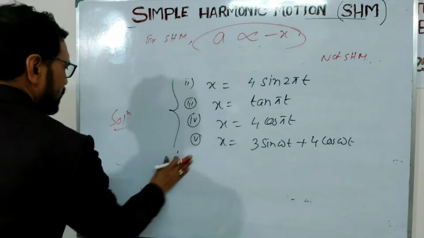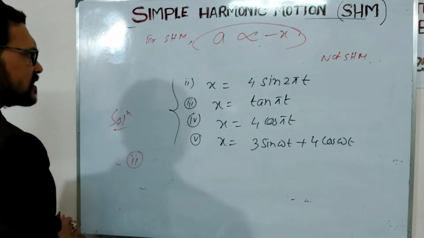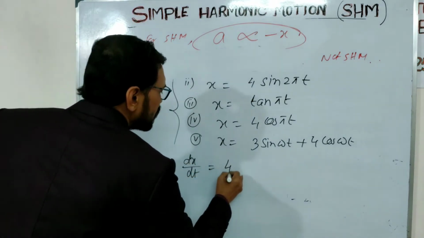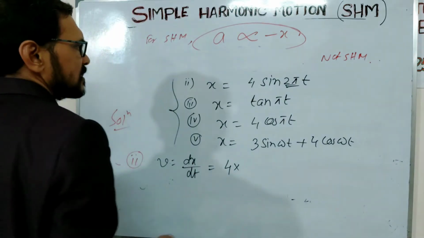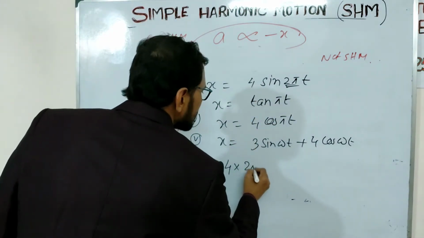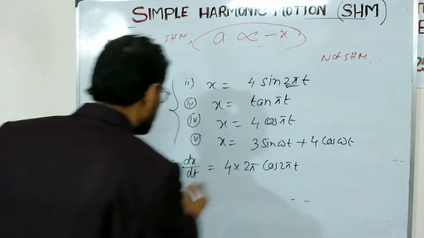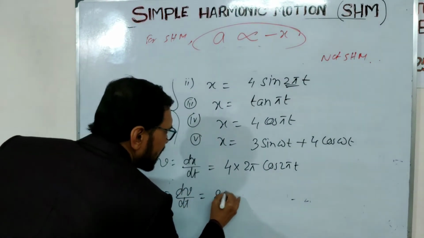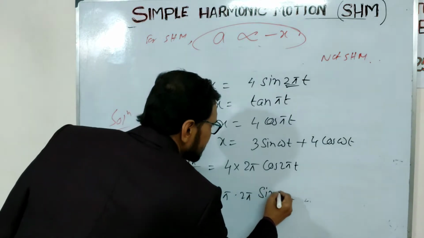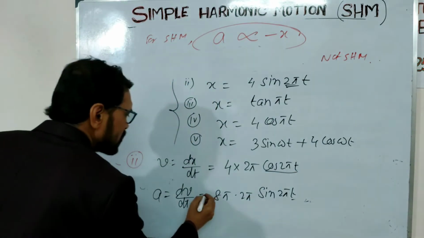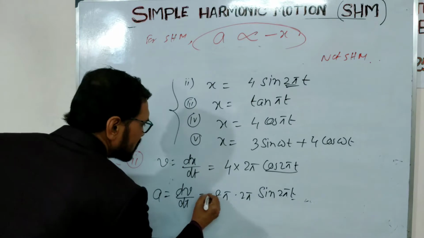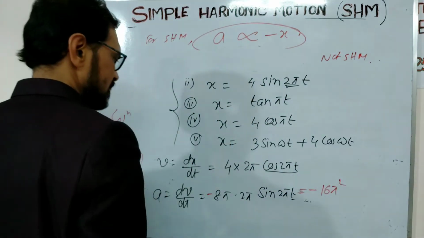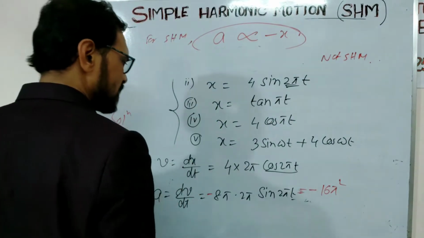Next, number 2. For number 2, x equals this, so velocity equals dx by dt, which is 4 into 2 pi cos 2 pi t. This is velocity, and acceleration equals dv by dt, which is 8 pi into 2 pi, and the derivative of cos is minus sin 2 pi t.